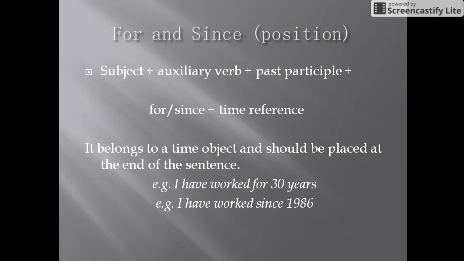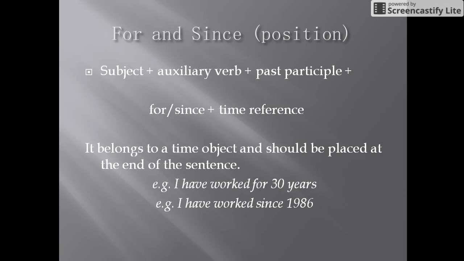If it is regular, we should add the ed ending, and if it is irregular, we should know how it is formed. And if not, you can check the list of irregular verbs in your student's book for sure. And then immediately after, we should place for or since plus the time reference we want to say.